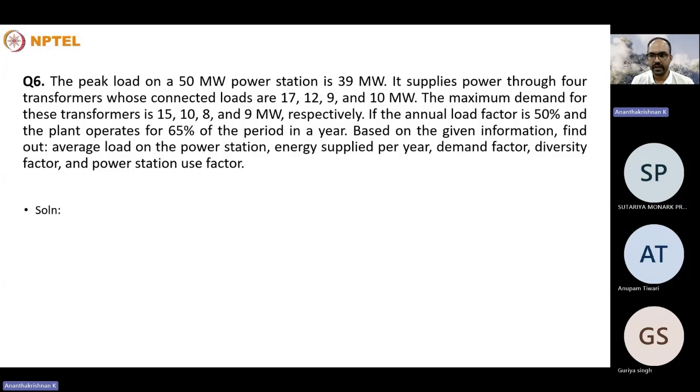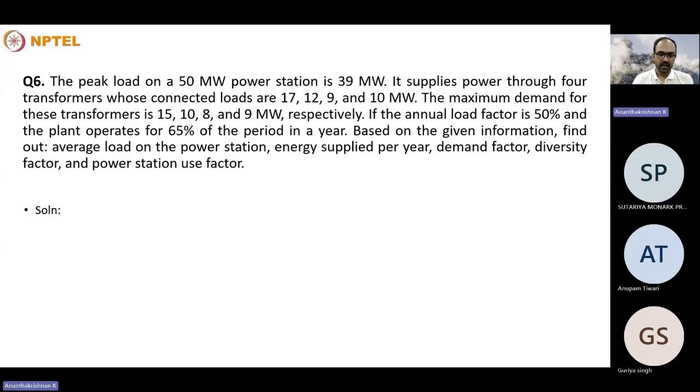So if you haven't solved it, I'll try to solve it. Then we can move into the revision progress. Okay, the first part of the problem that we have to determine is the average load on the station.